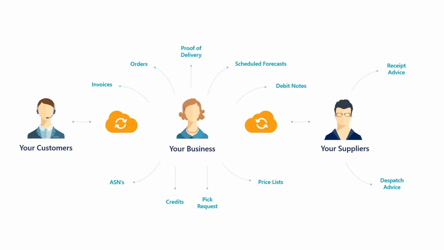The idea is that this is all electronic messaging that can be controlled in an automated way out of your system. That means your people can spend more time focusing on adding value to your customer relationships in different ways, as opposed to just being administration.